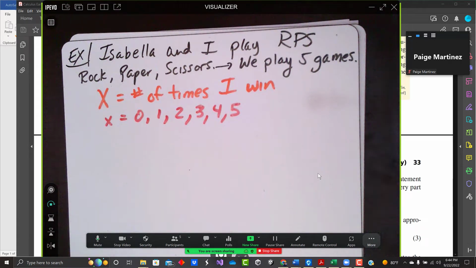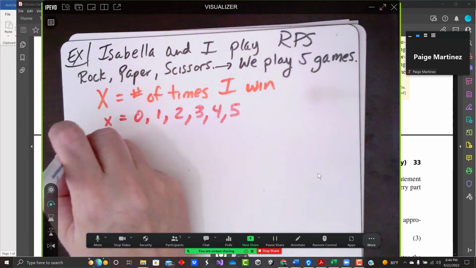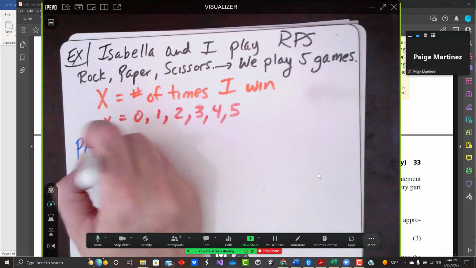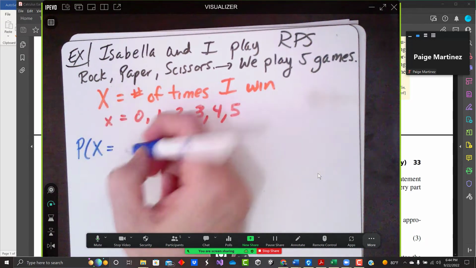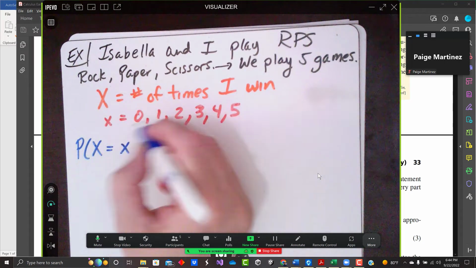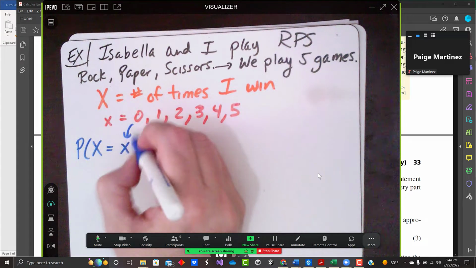The notation that we'll use when we're talking about the probability is the probability that big X equals little x, and we'll usually put one of the numbers in.